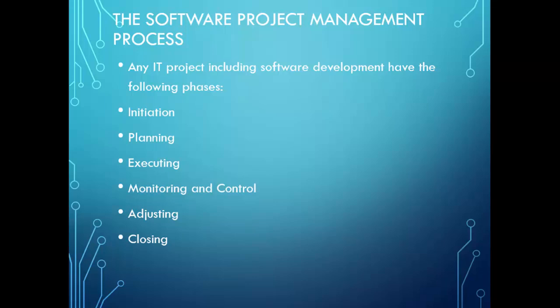If we go back now to the management aspect of it, once we have a software project, then we need to manage it, and to manage that we need to go through the phases of IT project management, which starts with the initiation of the project.